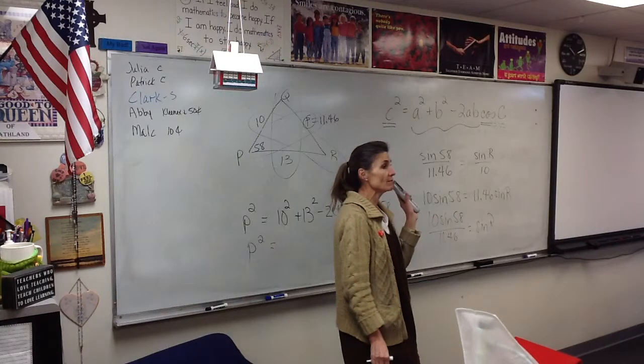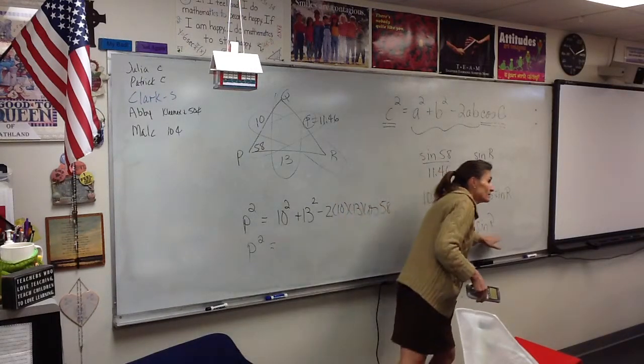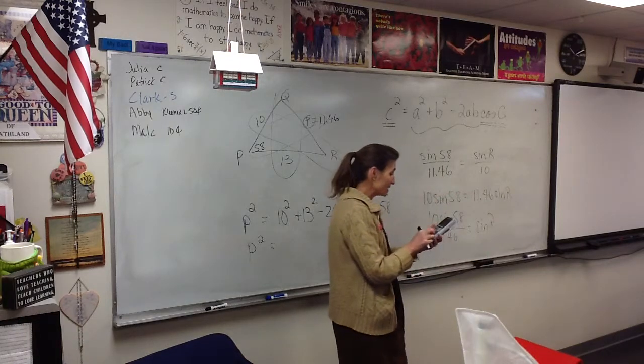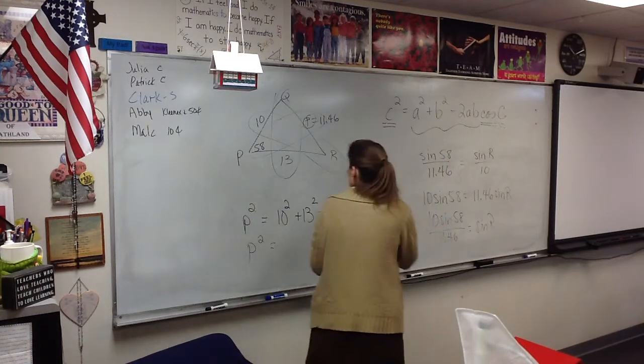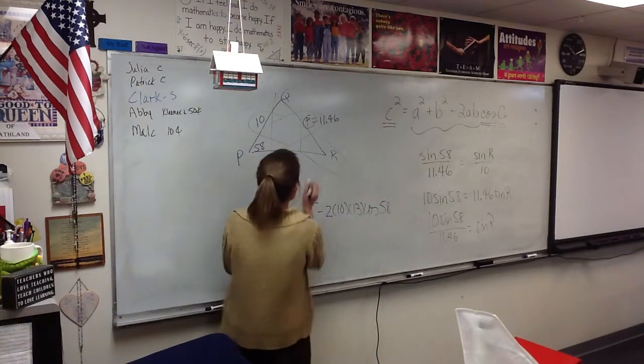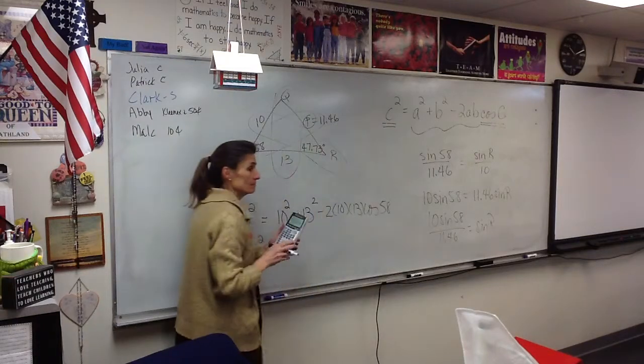Did you get 0.74? Okay, but that's not the answer. Remember, what do we still need to do? Second sine, very good. Second sine, second answer. And for R, I got 47.73 degrees.